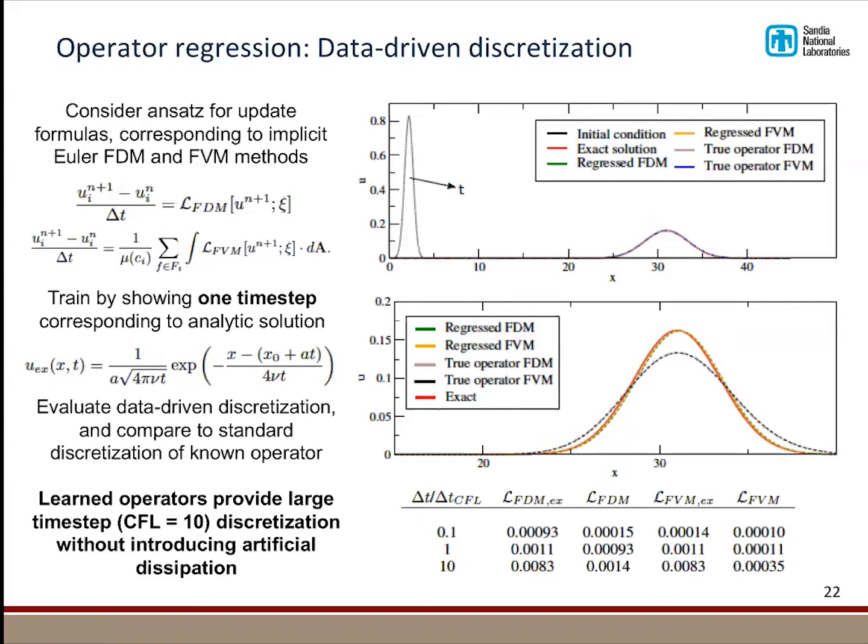Another interesting area is we might want to use this to do data-driven discretizations. So the idea here is, again, we're going to make an ansatz that we want to learn the advection diffusion equation, and we're coming up with 2 different schemes, one corresponding to a finite difference scheme, and another one corresponding to a finite volume scheme.